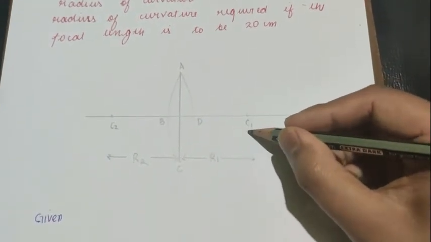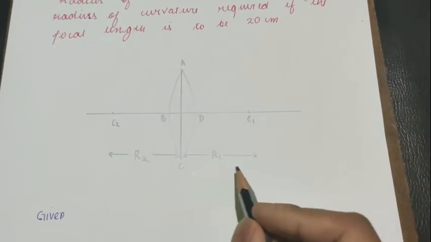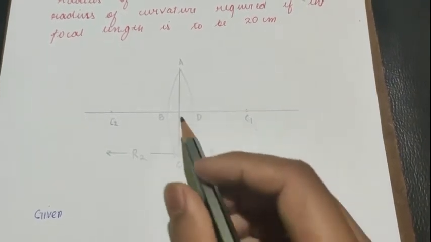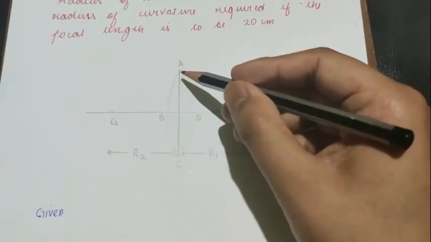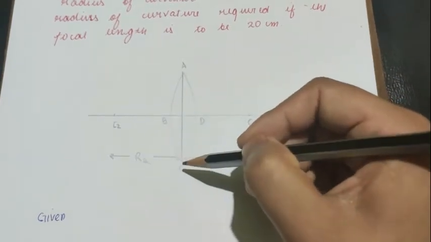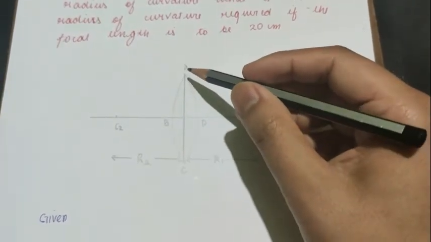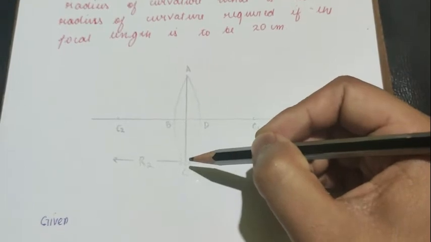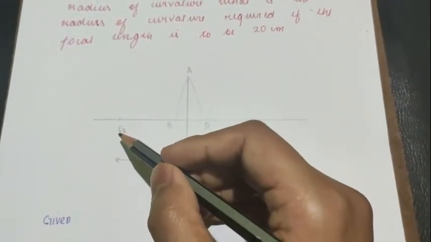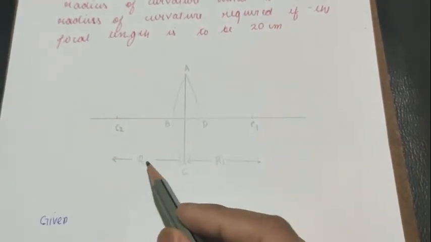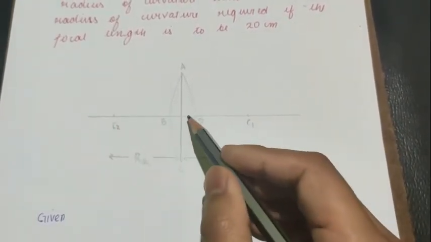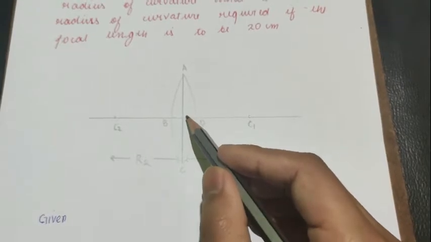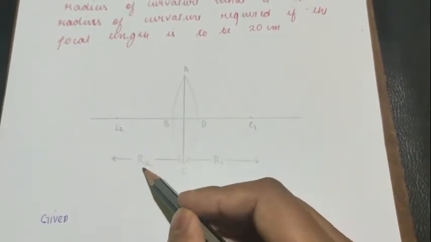If C1 is the center of curvature, then R1 is the radius of curvature for your first surface, which is A, B, C. Now your second surface A, D, C has a center of curvature C2. If C2 is the center of curvature, then the distance between C2 and the optical pole is the radius of curvature R2.